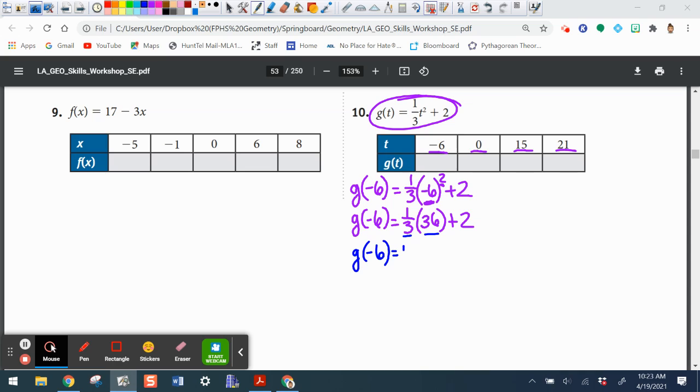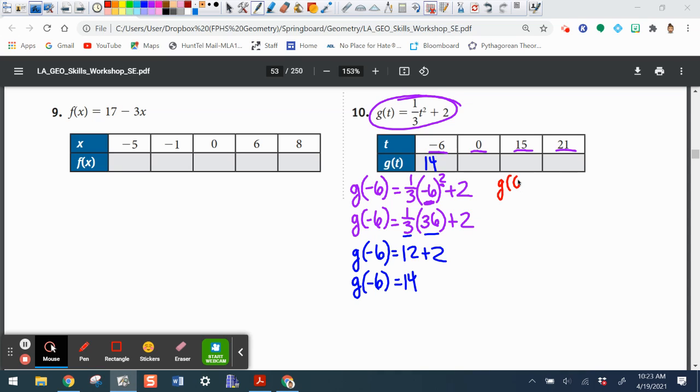So 1/3 of 36, I believe, is 12. And 12 plus 2, our final operation, is 14. So if t is -6, then g of -6 is 14. Nicely done. Now let's move on to our next input of 0.